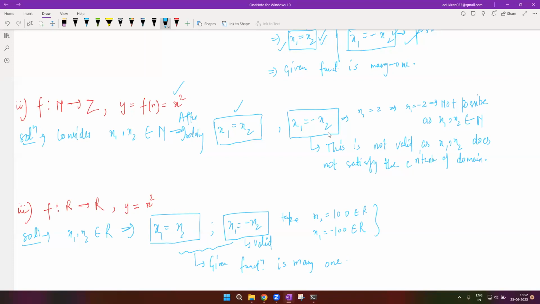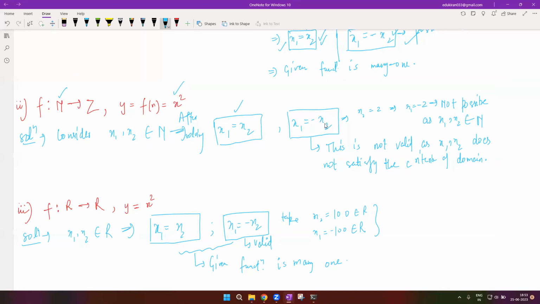Now we have to check whether this second solution is valid or not valid. How do we check? You give x2 a value. Now what are the values that you can give to x2? x2 belongs to the set of natural numbers, right? This time the domain is natural numbers. So as soon as you give x2 a value from natural numbers, let's take 2.